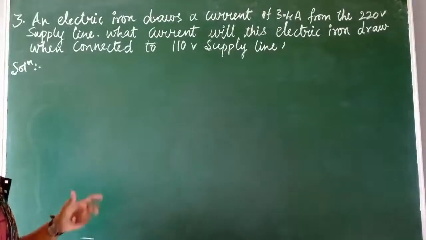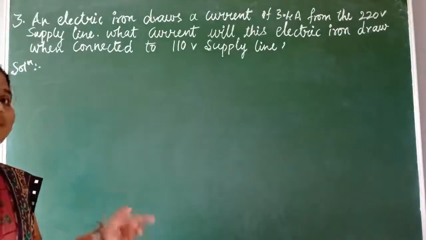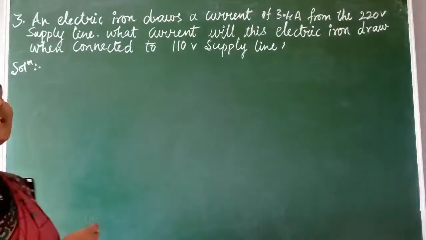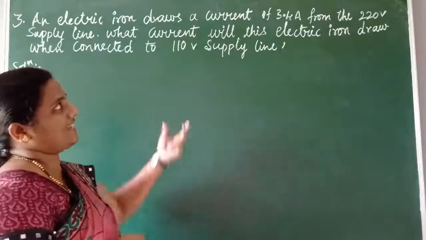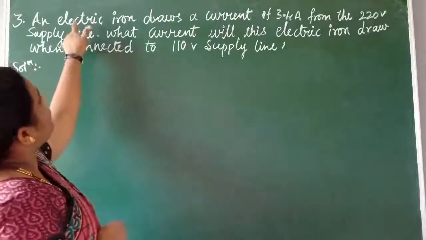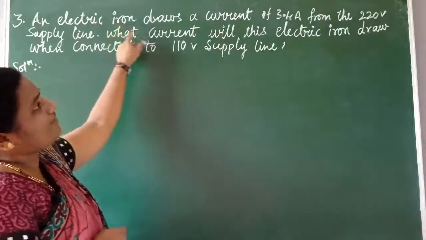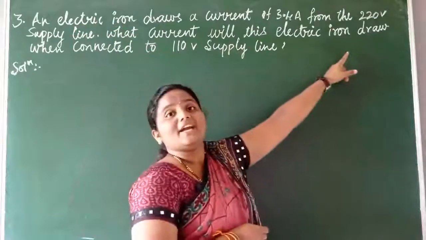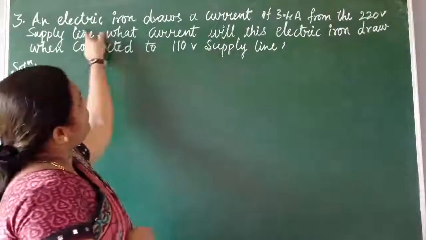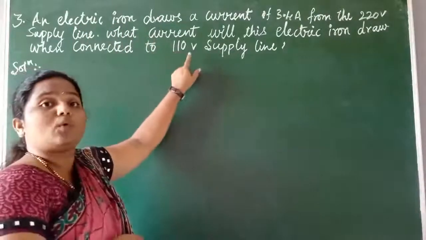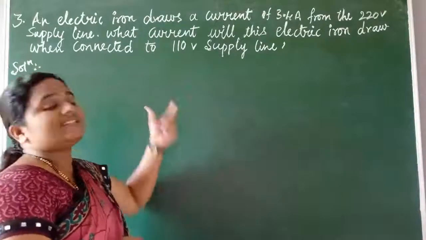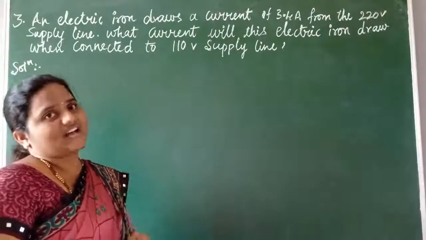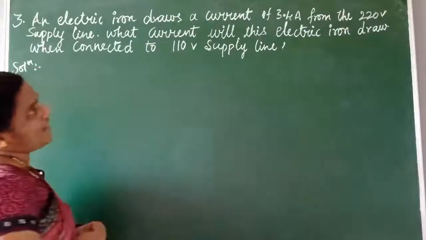Here this question consists of two steps, children, like sub-questions. We have to calculate for the electric iron when it is connected to 220 volts. Similarly, for the same electric iron connected to 110 volts also we need to calculate. So it consists of two parts, children. So let us first find out.